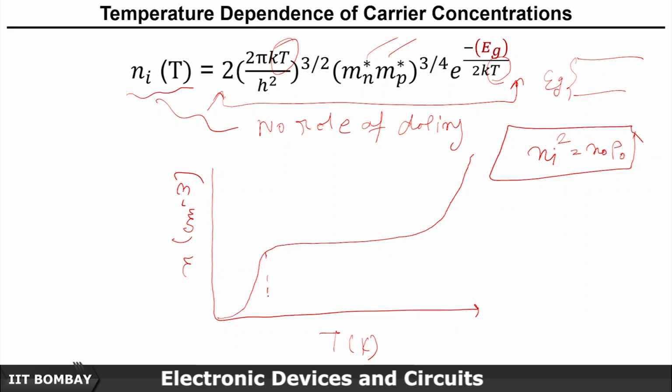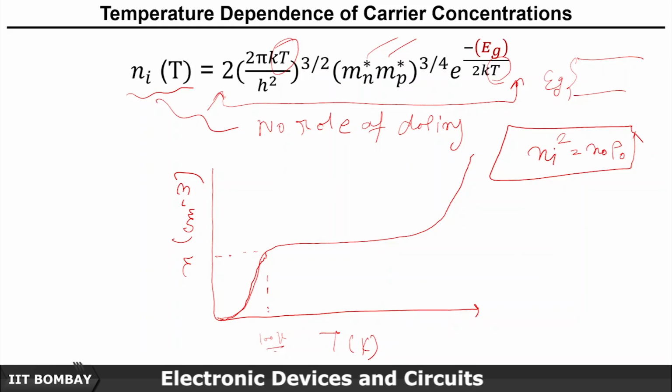Initially, for the initial range, and of course it depends on a large number of parameters, approximately say 100 K, it needs some thermal energy. Based on the thermal energy, the number of N will increase, because we know that they are either in the valence band or at the donor level, and they need some energy, either in the intrinsic case or the extrinsic case.